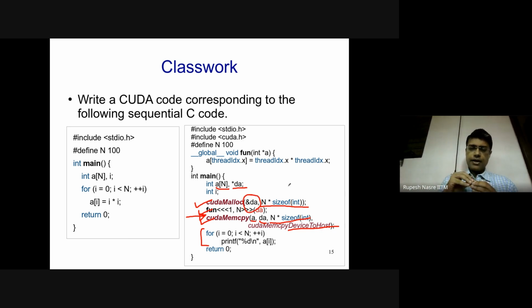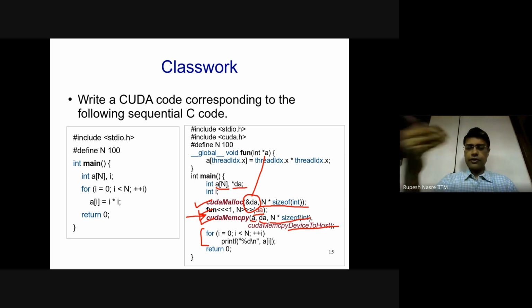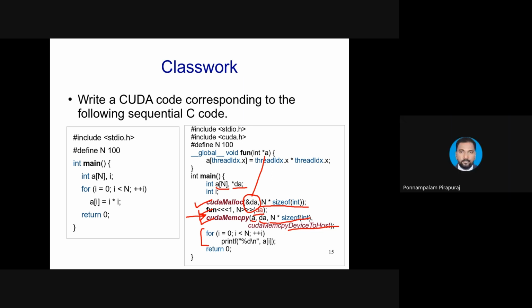Now that starting address is going to get copied from DA to A, from actual to formal parameter, and since that A is actually on the GPU, it is accessible in the call. So this DA is a CPU variable, but it holds the address of the GPU memory that is allocated. So just for passing, we are using that as a pointer, because we have to somehow send that memory address. You might do a large number of different CUDA mallocs, but which one to send? For that, we need a pointer to each of them. Okay.